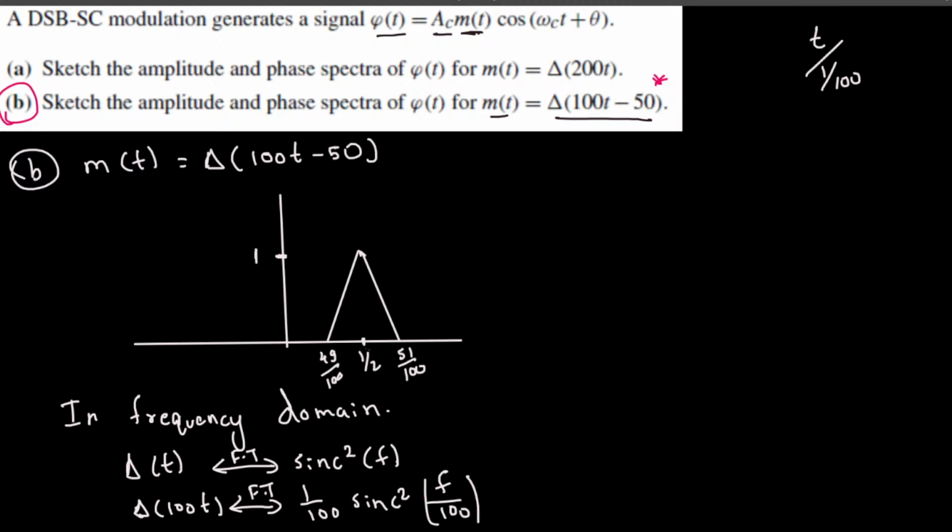Okay, this is the Fourier transform. Now we also have a shift right here, so for the shift we have to use the time shifting property.